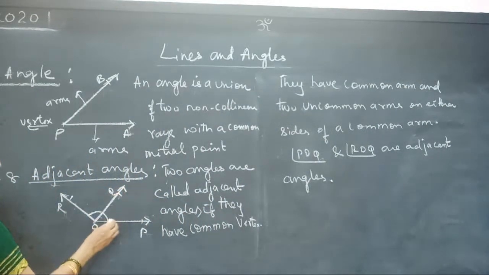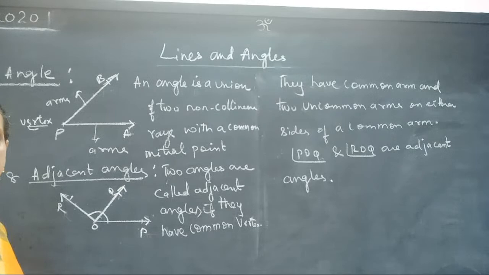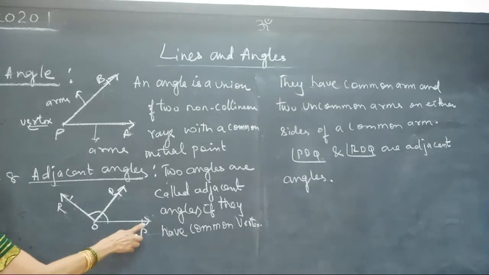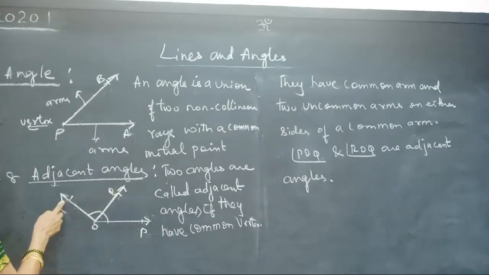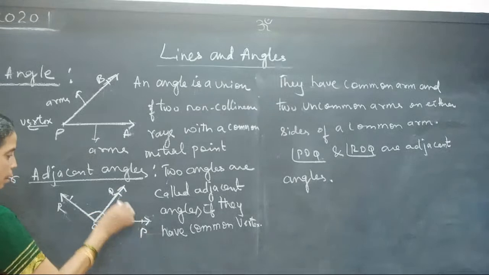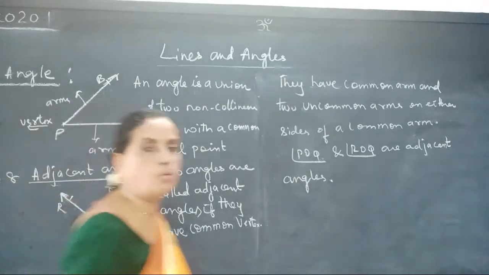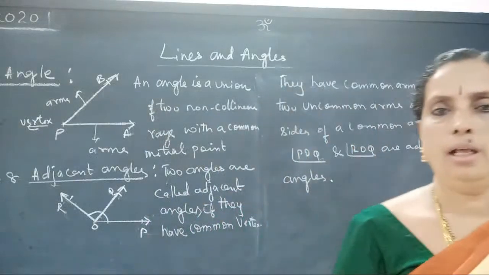So we read out these adjacent angles as POQ, ROQ. We can also read them as QOP, QOR.